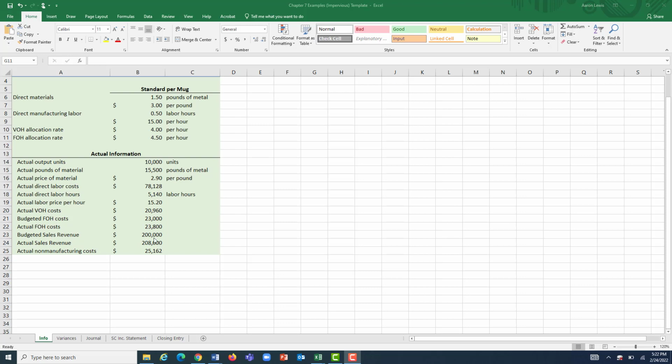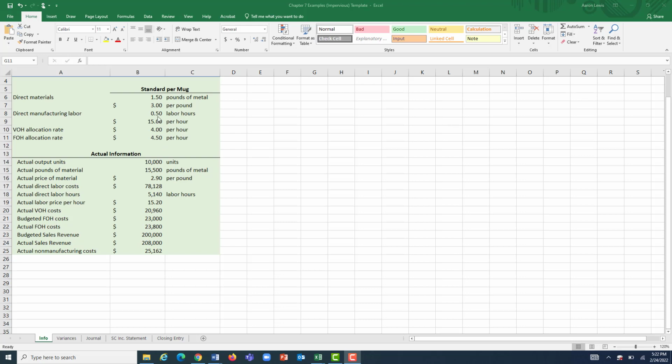The company had estimated, based upon their selling price, that they were going to generate $200,000 in sales revenue for the period, but they actually ended up generating $208,000 in sales revenue, so better than predictions on that one. And then lastly, they incurred $25,162 of actual non-manufacturing costs, which could not be inventoried to the production of these mugs, but still counts against the company's operating income for the period.